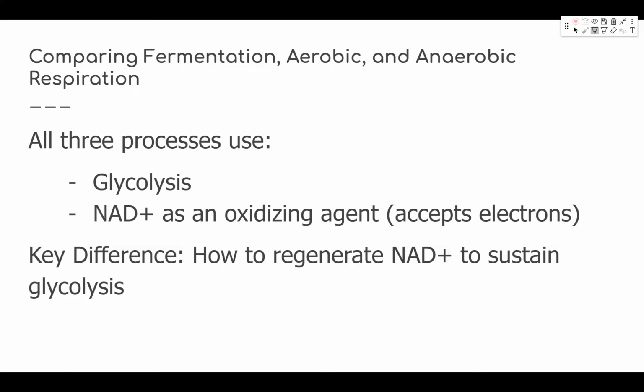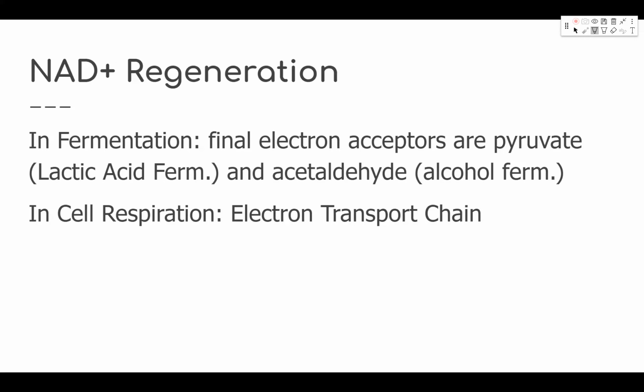we got all 3 of these processes having very similar aspects, and we're going to talk about the differences. In fermentation, our final electron acceptors are pyruvate in lactic acid fermentation and acetaldehyde in alcoholic fermentation.